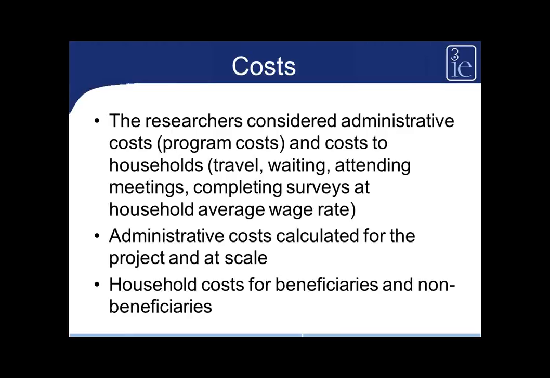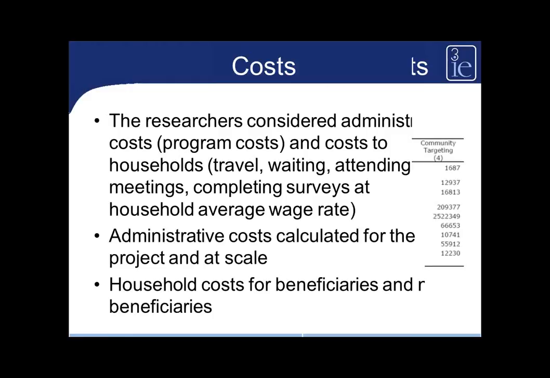They also looked at the administrative costs, both at the project level, so how much did it cost them to do it, but then they also made estimates for what each targeting mechanism would cost at scale, with the understanding here that there would be economies of scale, so that the cost would actually come down per household once a certain mechanism was implemented at scale.